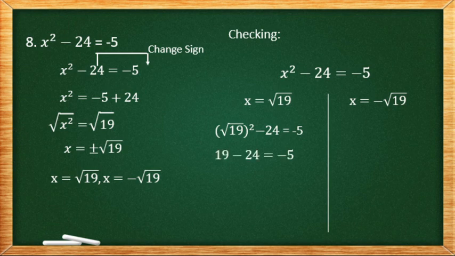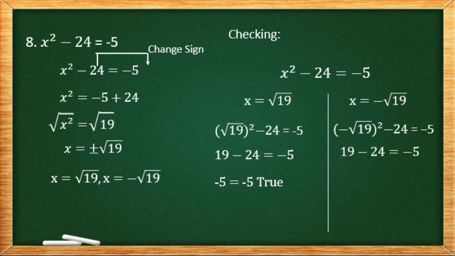So magiging 19 minus 24 is equal to negative 5. It is negative 5 is equal to negative 5, true. Same as sa kabila. Negative times negative, that's why positive. Kaya magiging 19 lang yan. 19 minus 24 is equal to negative 5. So therefore, negative 5 is equal to negative 5.